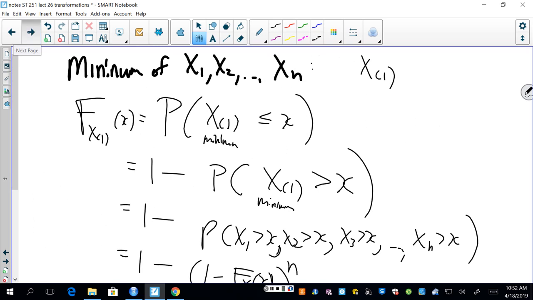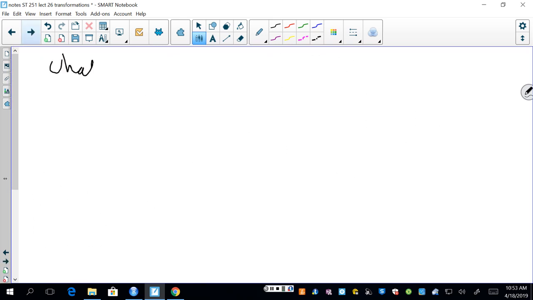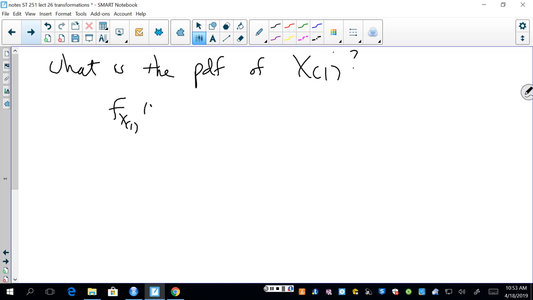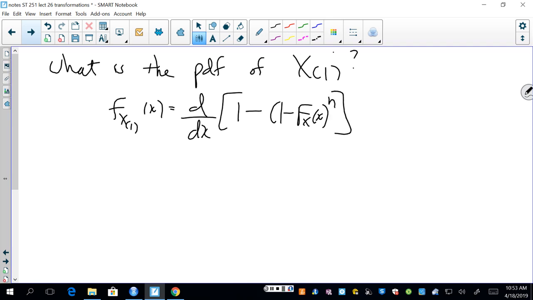So what is the PDF of the first one? The density of the first one, take the derivative with respect to x of this thing, 1 minus F of x to the nth power.